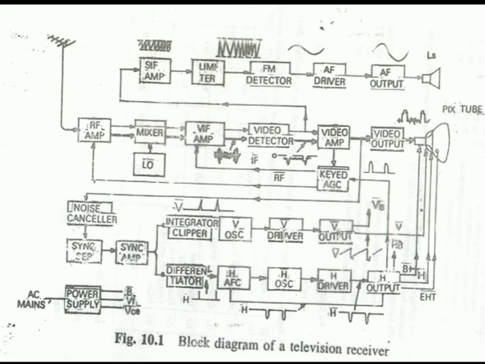For better reception of the RF signal, the Yagi-Uda antenna is most commonly used in television receivers. There are different types of antennas. One of the antennas that is mostly used is the Yagi-Uda antenna.